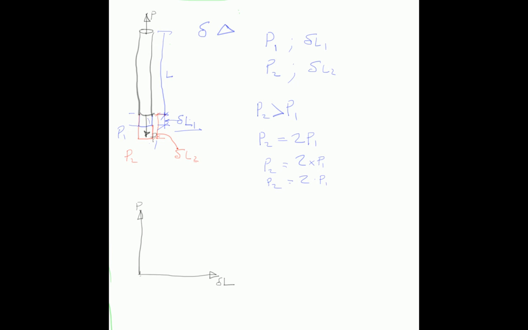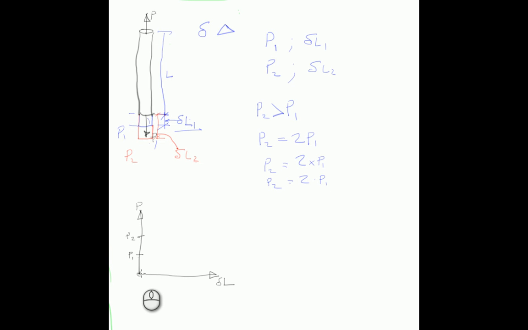Going back to represent those on our set of graphs, if we have P1 at this level here, and then we've got twice P1, so that's P2, we see here that P2 is 2 lots of P1.